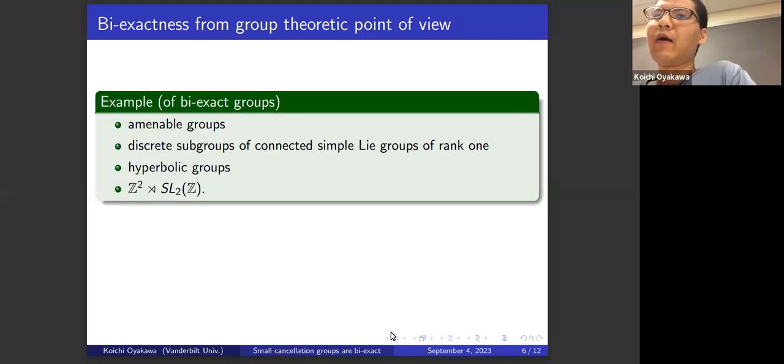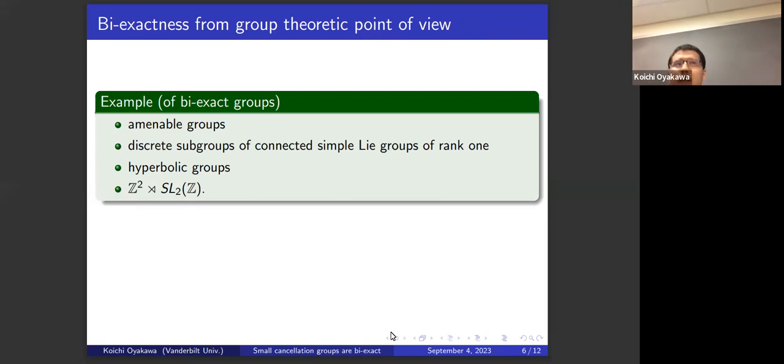So what is surprising is that after he defined bi-exactness, only the semi-direct product of SL_2(Z) and Z^2 was found. So I would say bi-exactness is not understood very well from a group theoretic point of view.